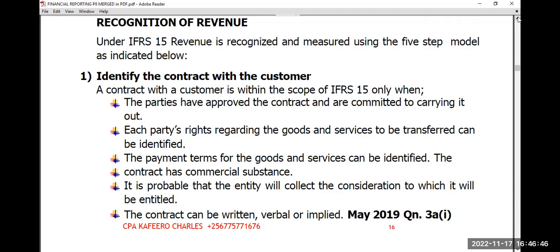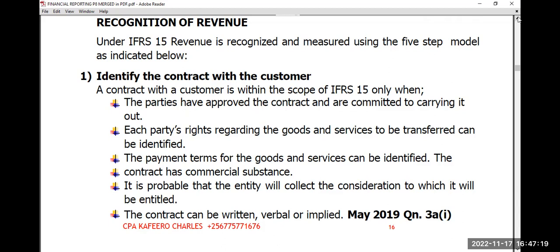known. One of the things, the buyer has a right to receive the goods. If I have actually ordered some goods, then I expect you to deliver the goods to me as the buyer. And upon delivering those goods, we expect that the buyer has a responsibility to pay the seller, meaning the seller has a right to receive payments for the goods they have actually supplied to the buyer.